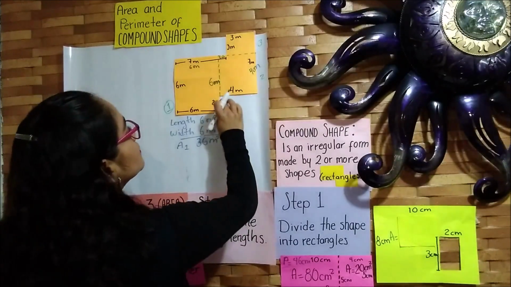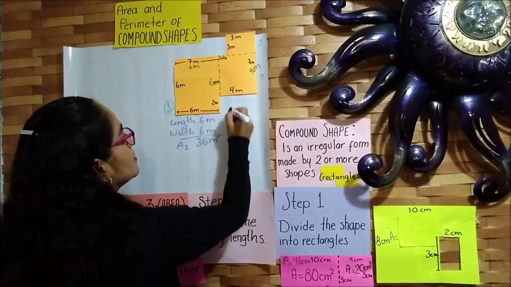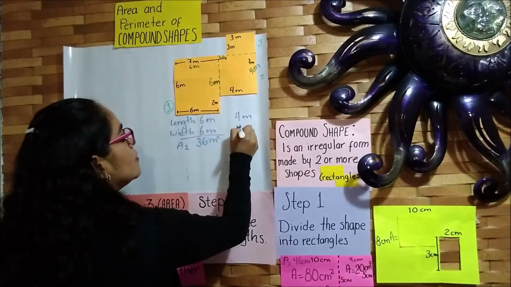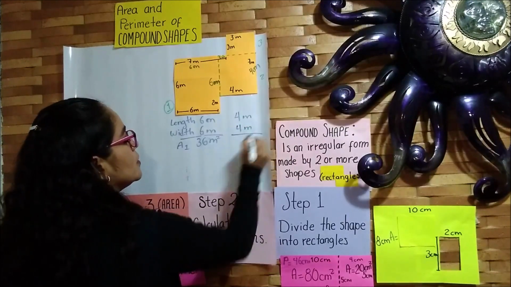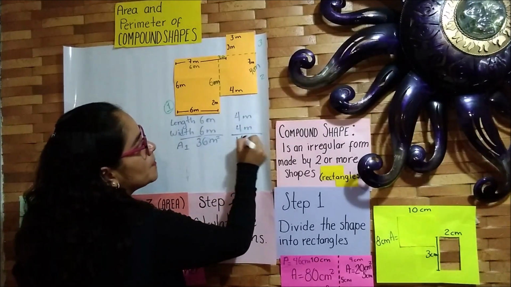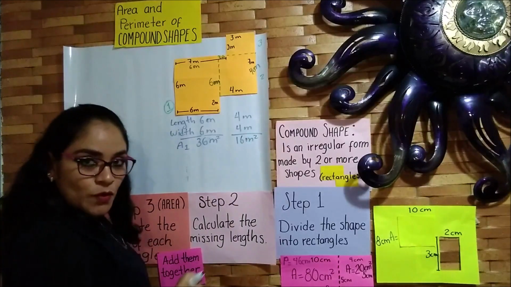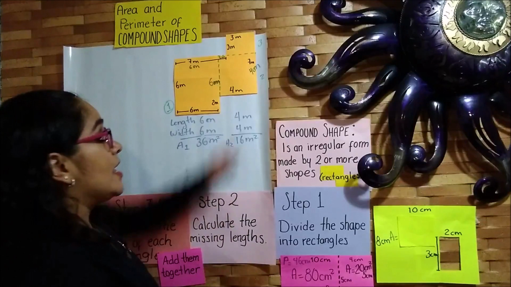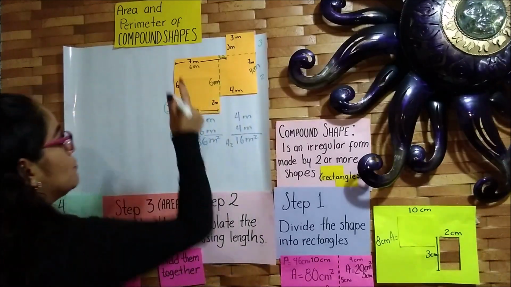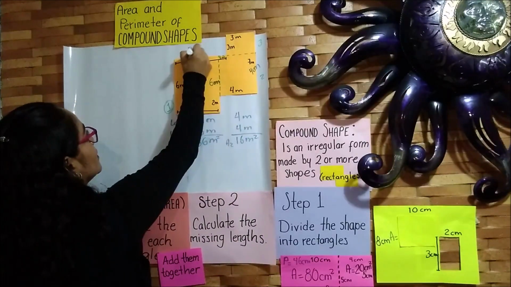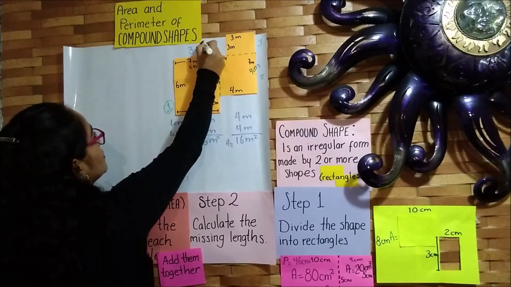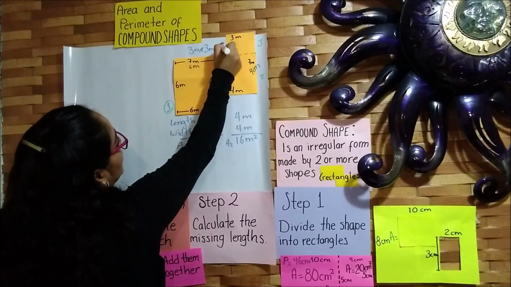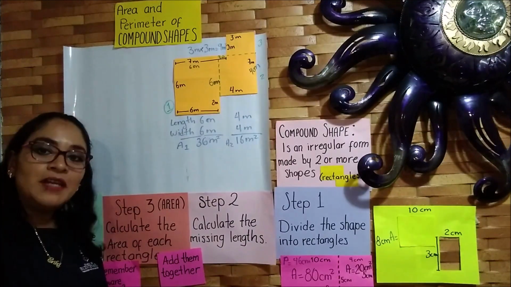Area 2, 4 meters by 4 meters. 4 times 4, 16 square meters, right? This is our area 2. And finally, we have 3 meters times 3 meters. My answer is 3 times 3, 9 square meters.